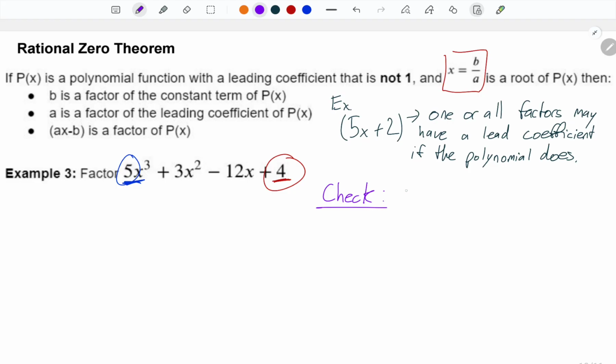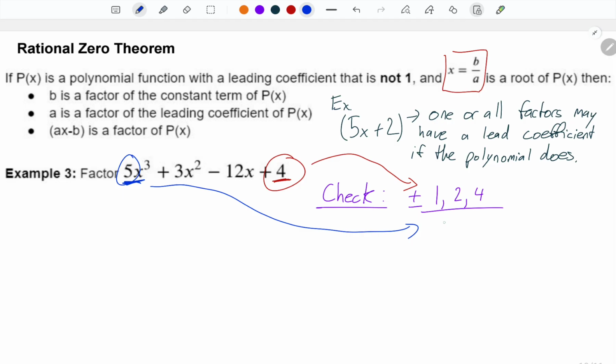So the 4, that's going to create our numerator. And then what do we divide by? Well, the denominator is going to come from the lead coefficient.